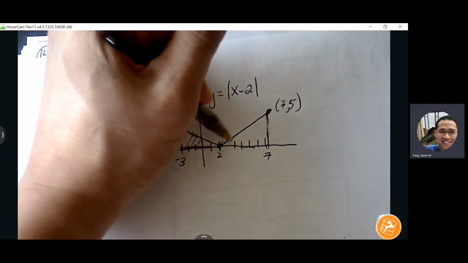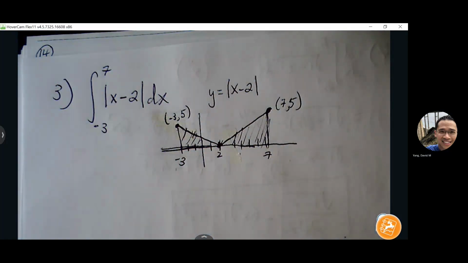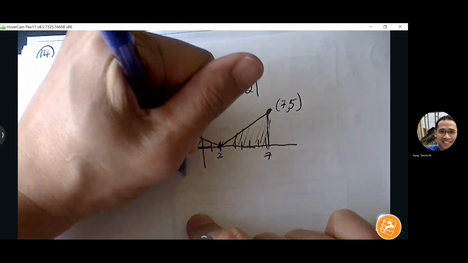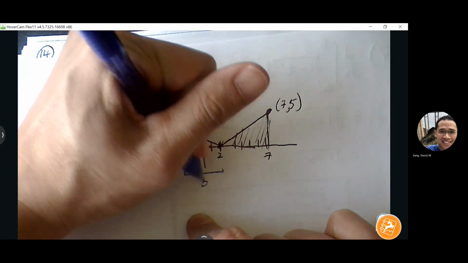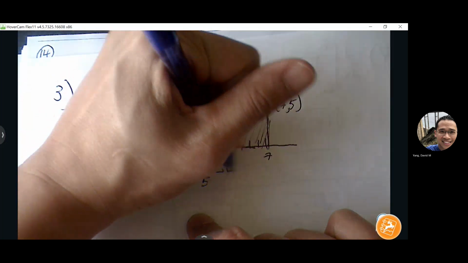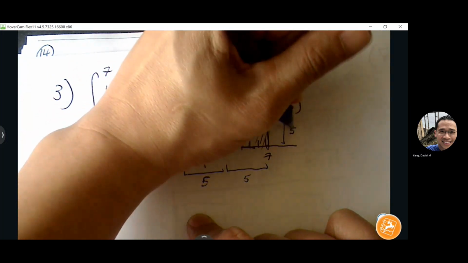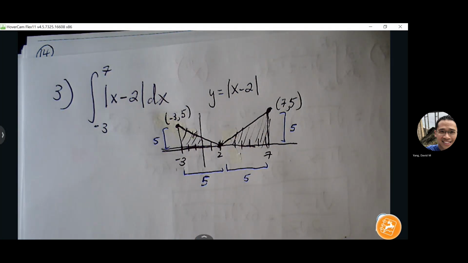Now I see 2 triangles. Can you find the width and height of each triangle? Are both faces the same?